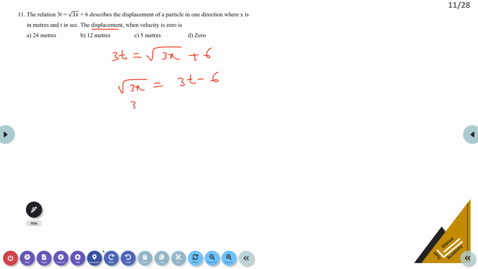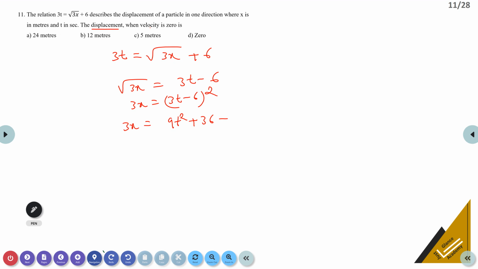Squaring, 3x equals (3t minus 6) whole square. Anything wrong? No. From this, 3x equals 9t square plus 36 minus 2 into 3 into 6, that is 36t, I think.